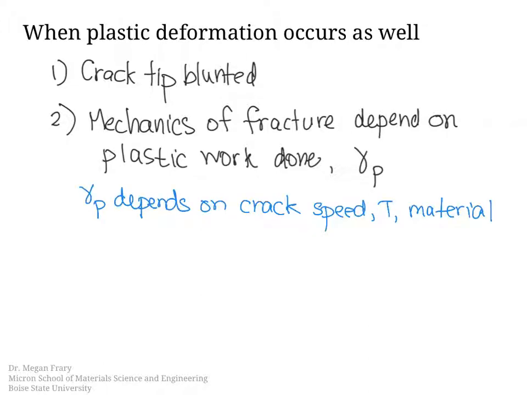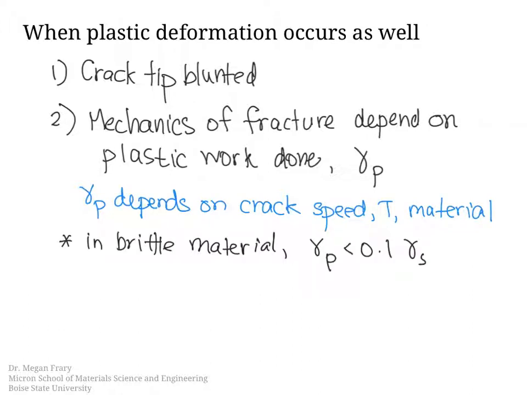Now, if we have a brittle material, then the Griffith criterion mostly holds because the plastic work done is small. And when I say small, we're talking about less than maybe 10% of the surface energy there.